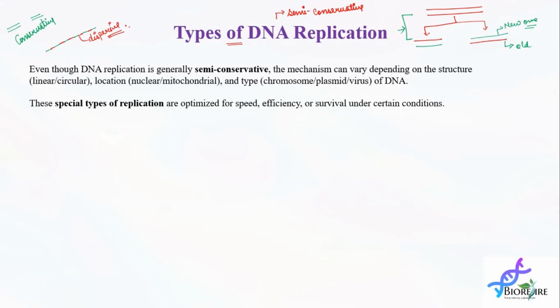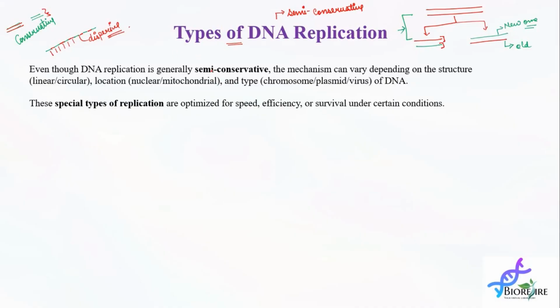These are the three models. Semi-conservative: one strand is conserved, one is new. Conservative: one is old and another is new. Dispersive: some parts are conserved, some are new.